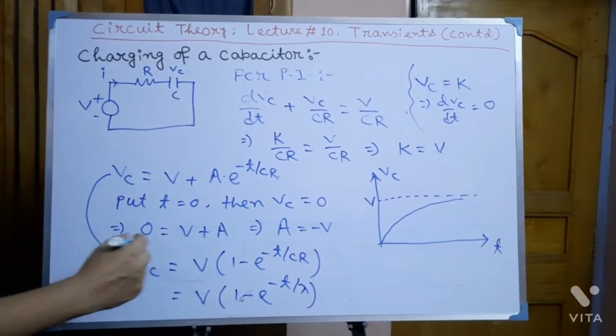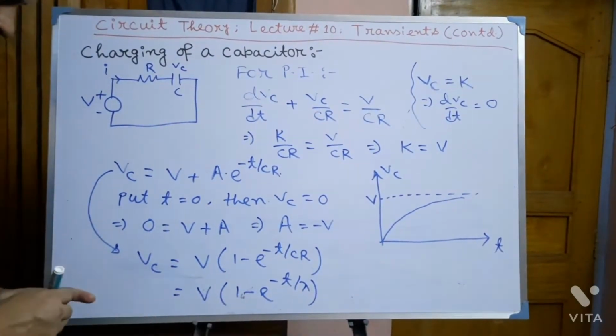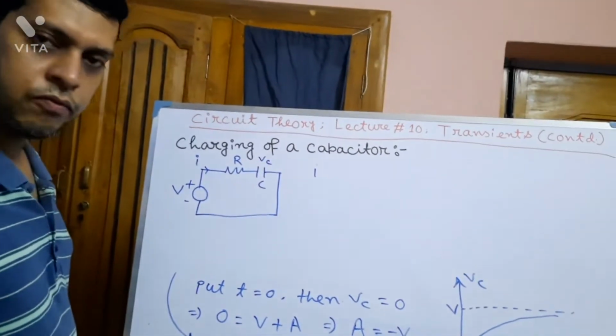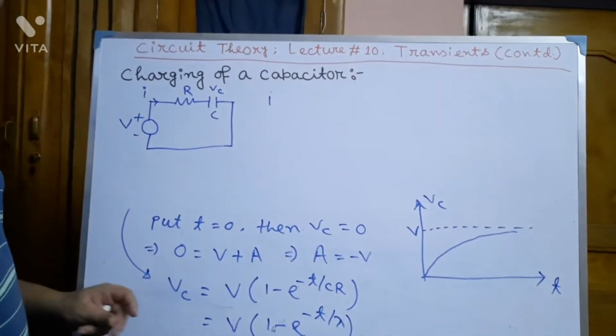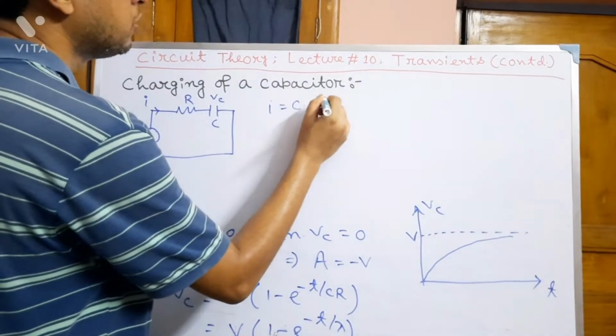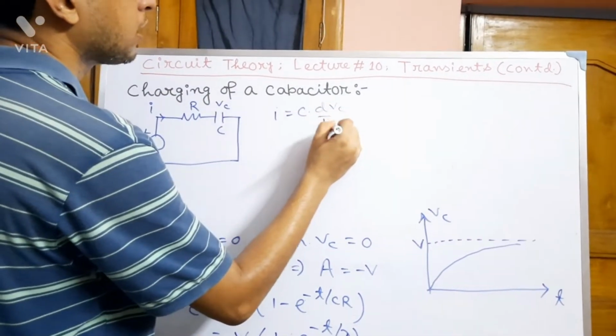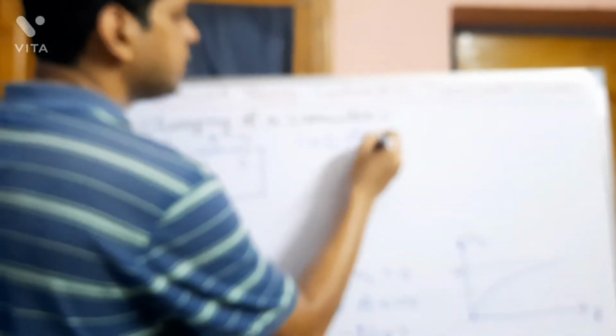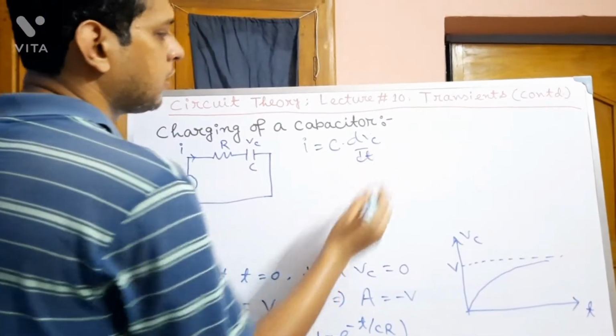Now if Vc equals this, then what is I? I equals C dVc/dt. We know that the current through C can be determined by C dVc/dt.